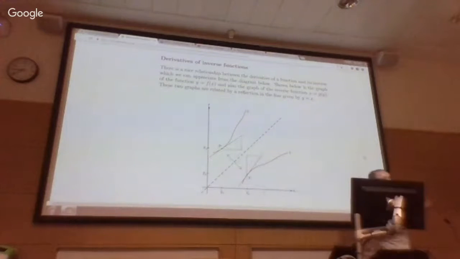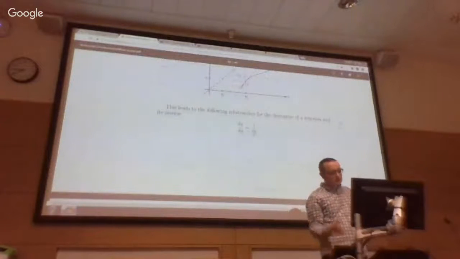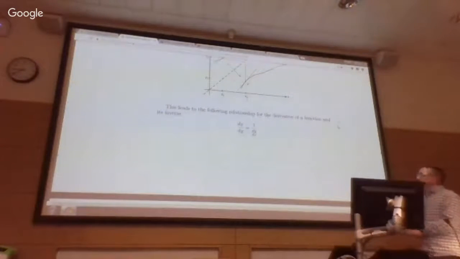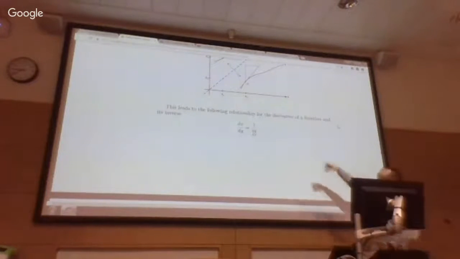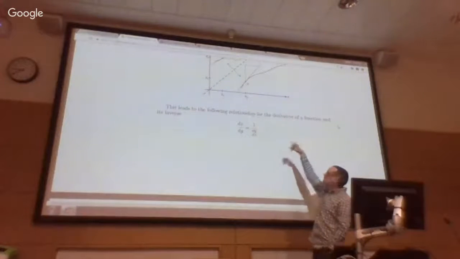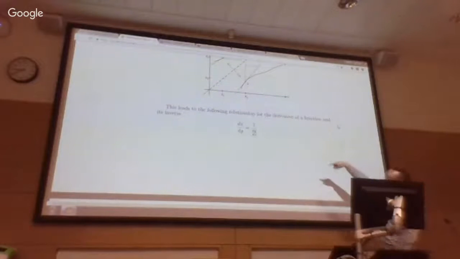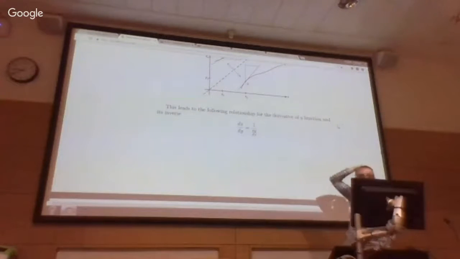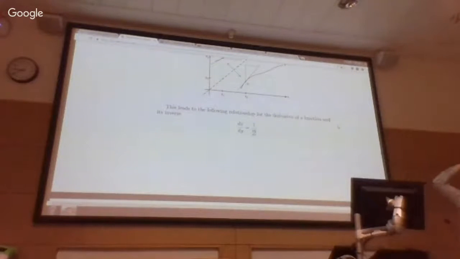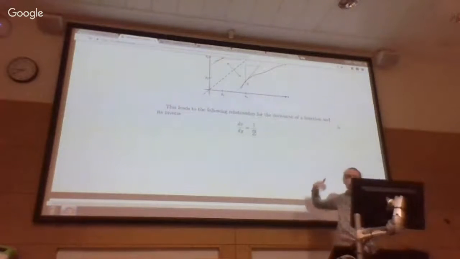So you're flipping the gradient, applying the reciprocal operation to the gradient. So in other words, what that means is the relationship between the derivatives, dx/dy and dy/dx, where the relationship between x and y is given by the function f in one direction and the function g in the other direction. The relationship between these two derivatives is the reciprocal relationship. Okay. So the derivative dx/dy is 1 over dy/dx.